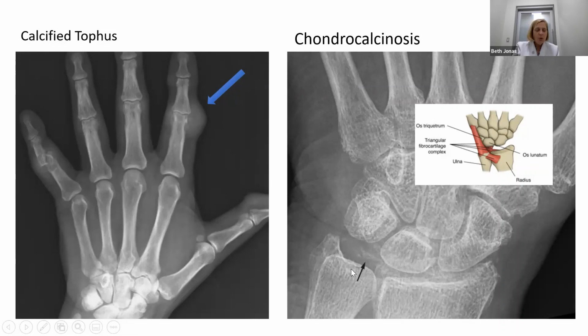They tend to be older, sort of 60s, 70s, maybe a little bit older than that. They can have polyarticular inflammatory arthritis that can look like rheumatoid. But if you see this chondrocalcinosis in this area, that is very characteristic of CPPD arthropathy, and can sometimes help you make that diagnosis.